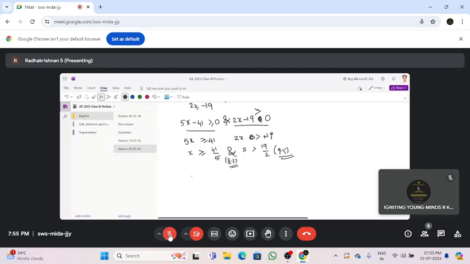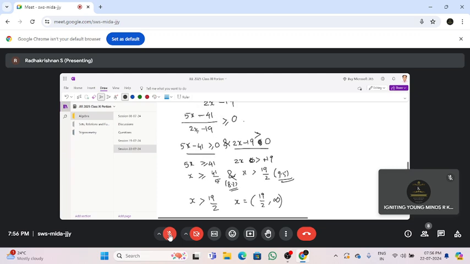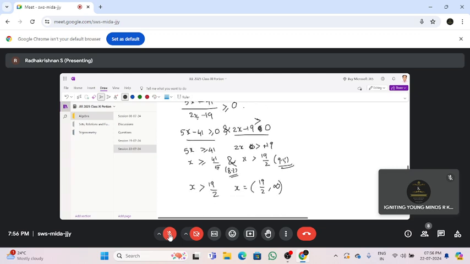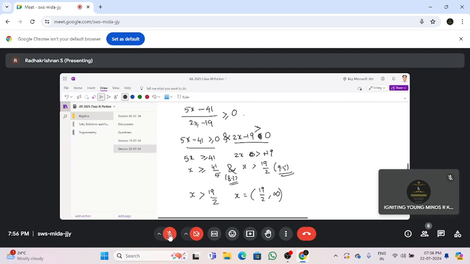So that means x greater than 19 by 2. Here we are not putting the greater than or equal to. This is one part of it, both should be positive.